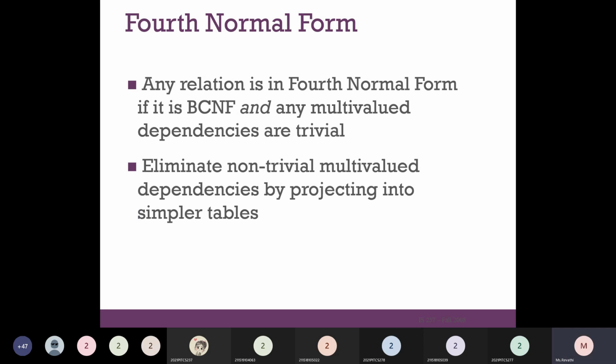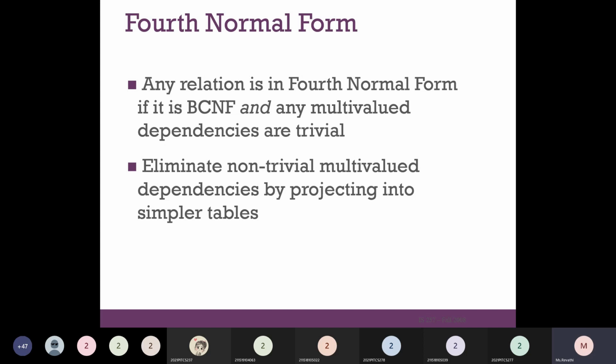Next comes fourth normal form. A relation is in fourth normal form if it is in BCNF and any multi-value dependencies are trivial, that is, the presence of non-trivial multi-value dependency is removed.